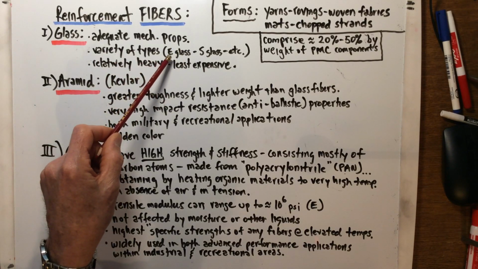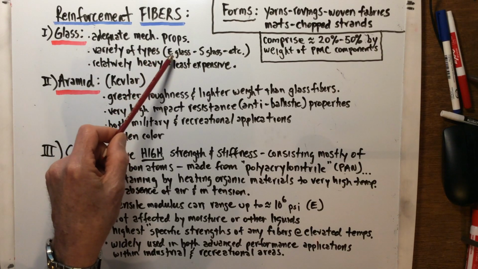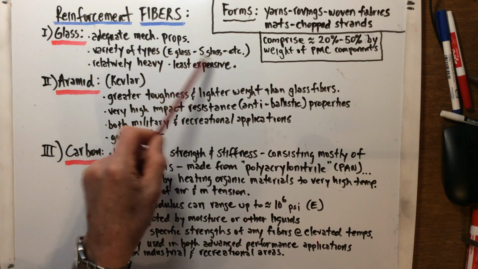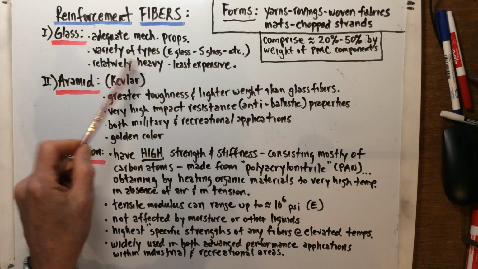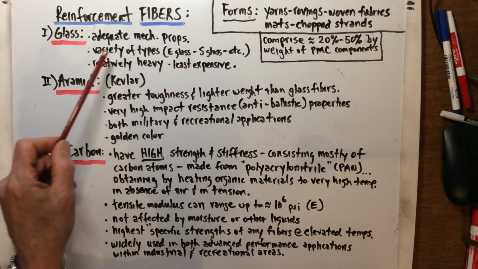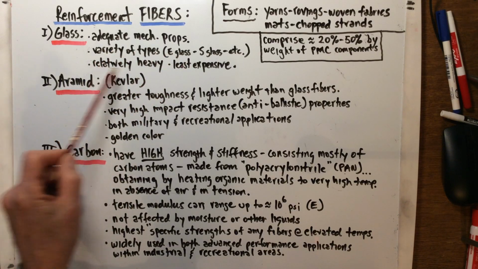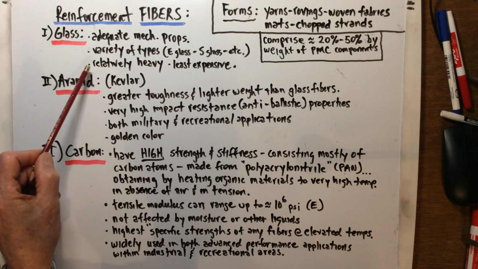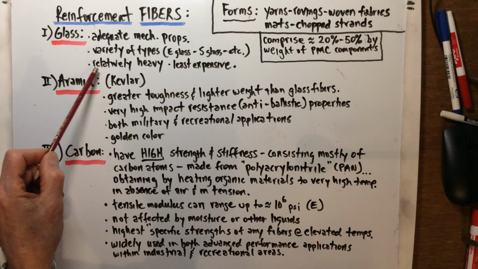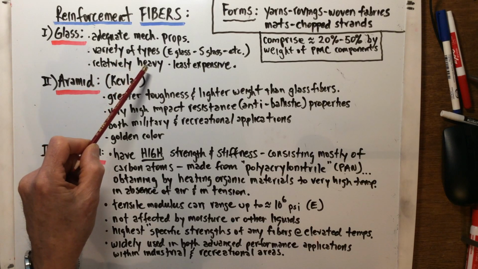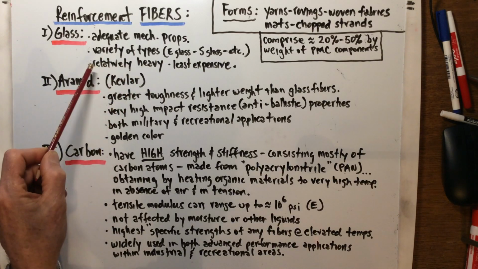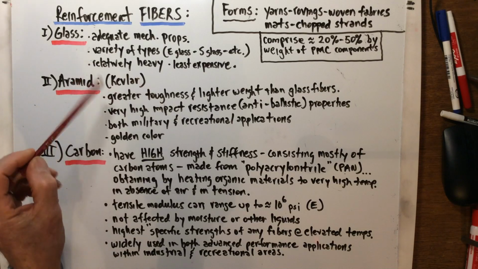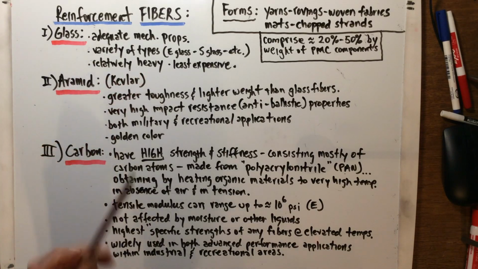Glass fibers, there's what they call E-glass, which is electrical, and S is structural glass, and there are all different classifications or types of glass fibers. Again, it's least expensive, most widely available, but its downfall is its relative heaviness. It's a fairly heavy fiber compared to the other two basic types, so it's relatively heavy in its usage.